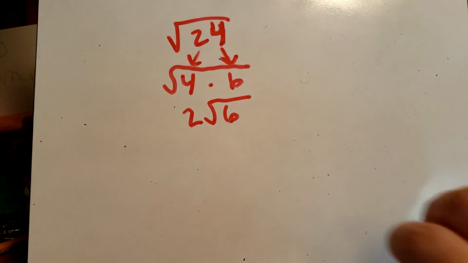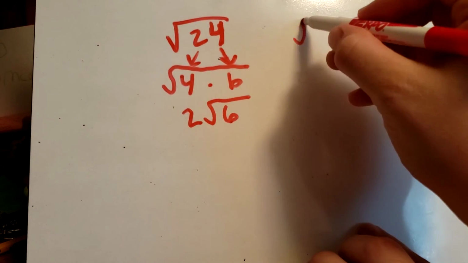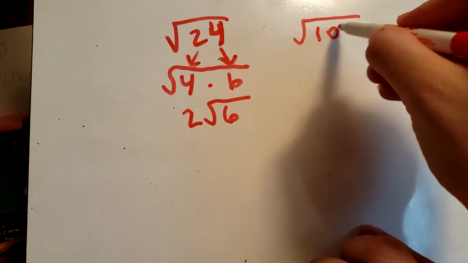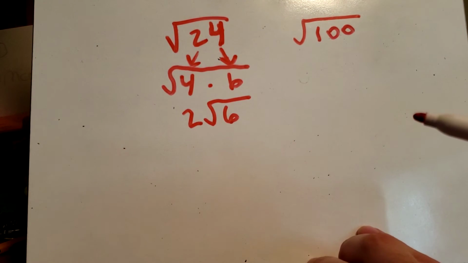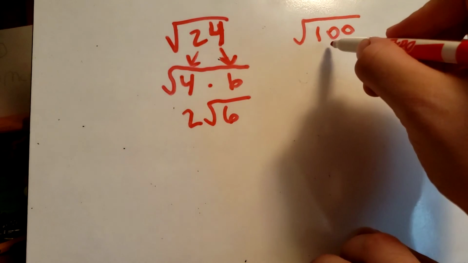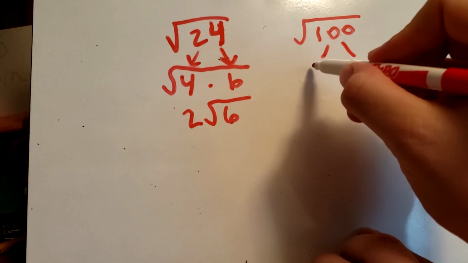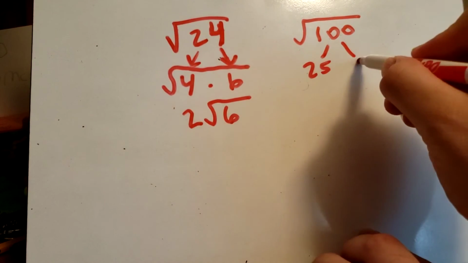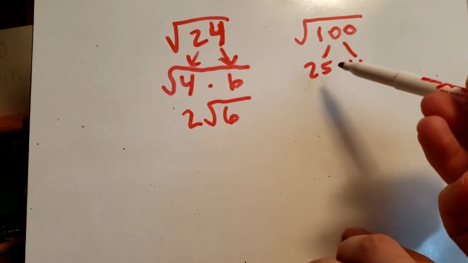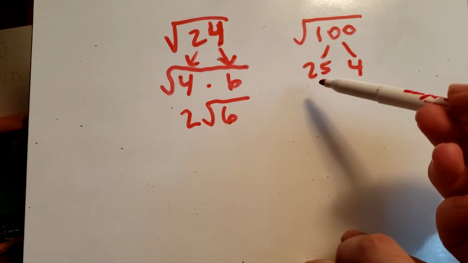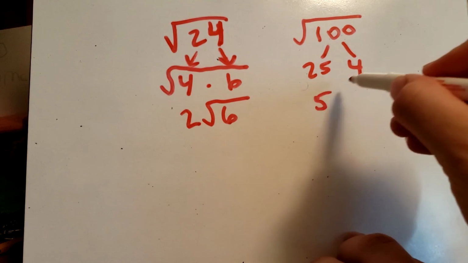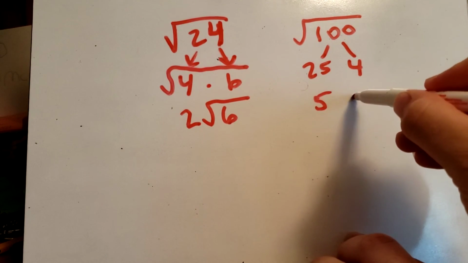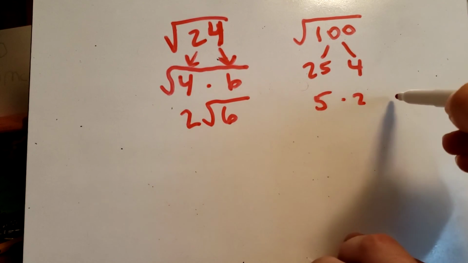Let's do another one real quick, just so we can see how it works one more time. Let's do 100 this time. So you have the square root of 100. If you factor 100, you can get 25 and 4. And those are both perfect squares. You could square root 25 and you would get 5, and you can square root 4 and you get 2. 5 times 2 is 10.